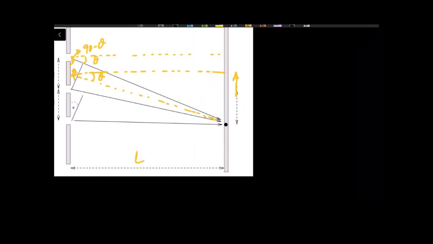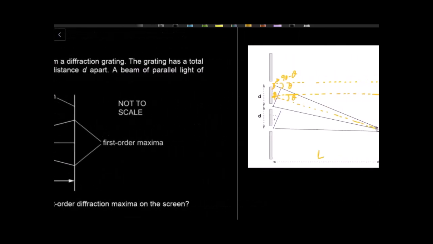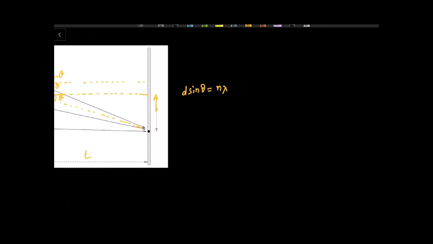We know that for the diffraction grating, d sine theta is equal to n lambda. But here it is given in the question, it is the first order diffraction maxima on the screen. So for the first order diffraction maxima, n is equal to 1.